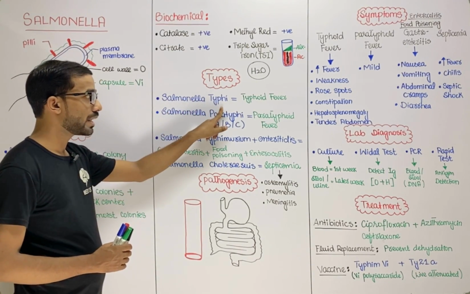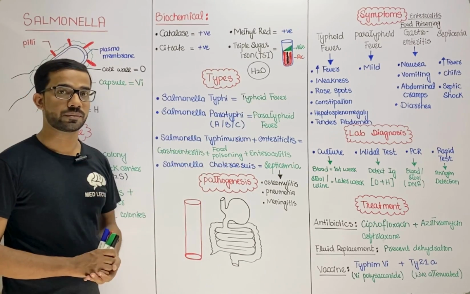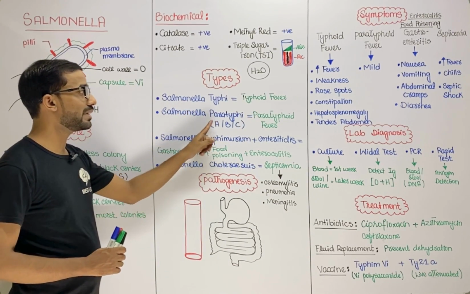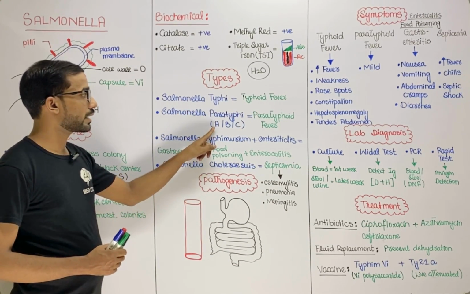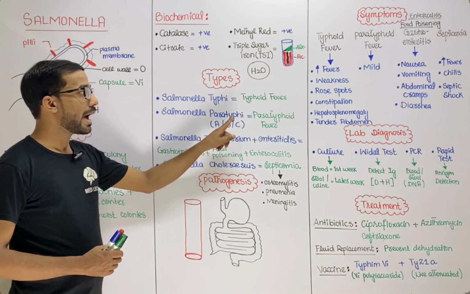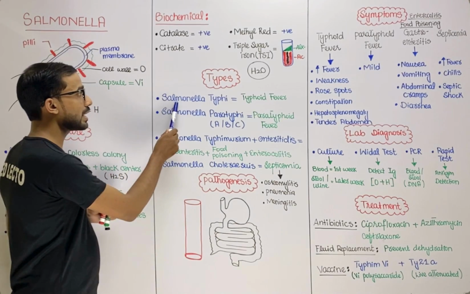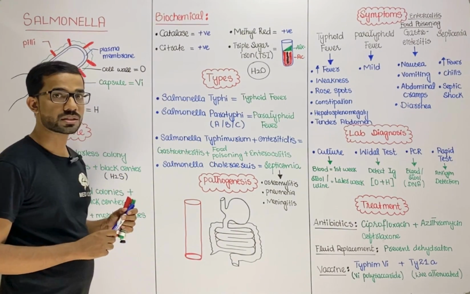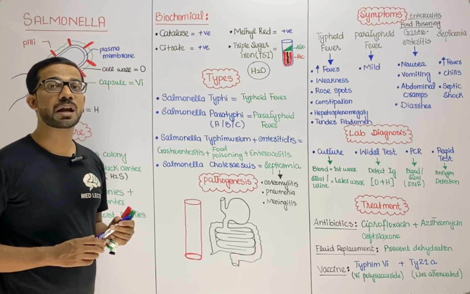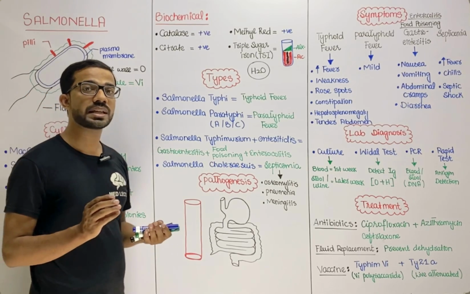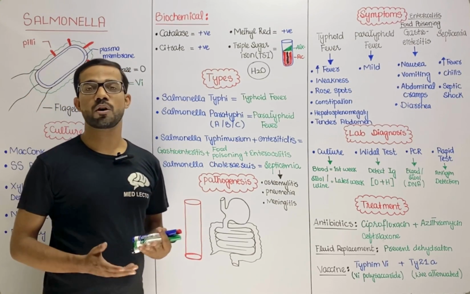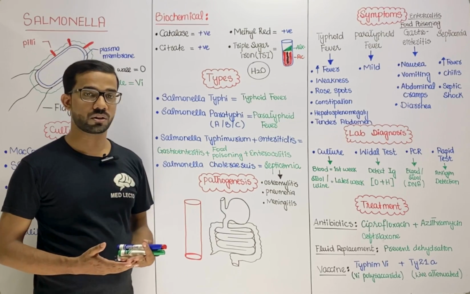Salmonella typhi causes typhoid fever. Salmonella paratyphi, which has further categories A, B, and C, causes paratyphoid fever. So Salmonella typhi and paratyphi cause typhoidal salmonellosis. Salmonellosis is actually the name for all infections caused by salmonella.